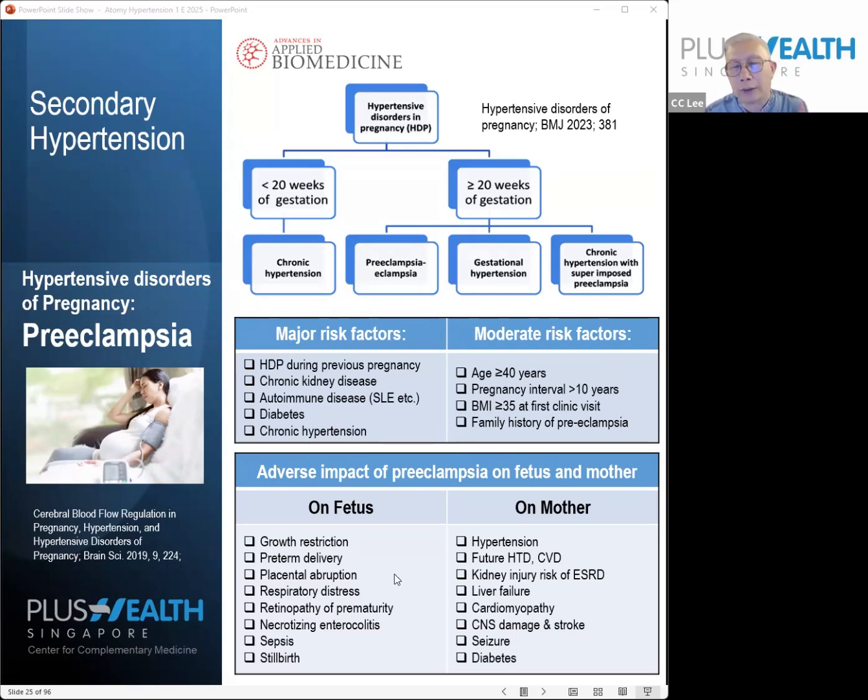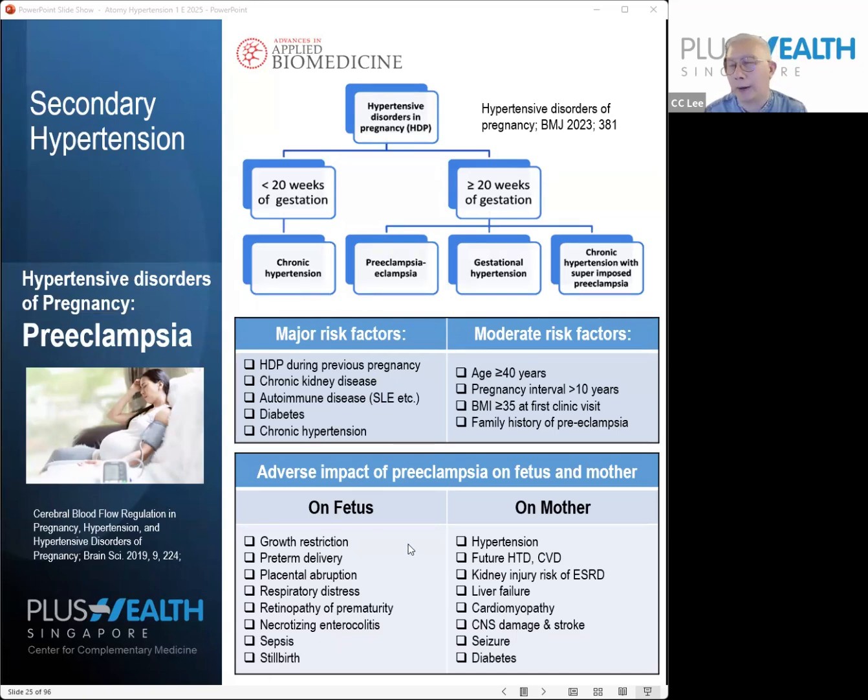Now, of course, having hypertension during pregnancy has a lot of implications, right? For the mother, it can cause future hypertension, cardiovascular diseases, liver failure, seizures, diabetes, and for the baby, you will have problems of preterm delivery, growth restrictions, respiratory distress, stillbirth and so on.